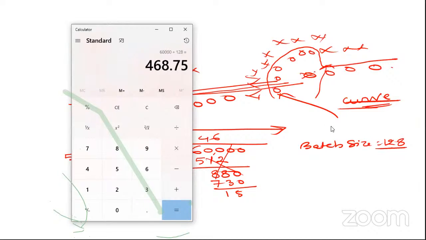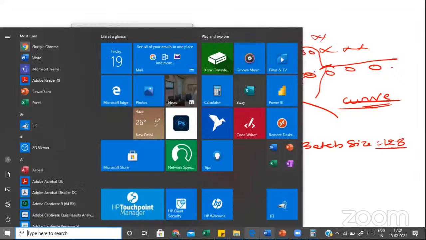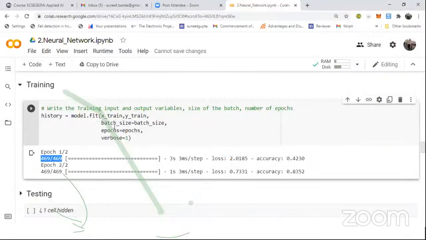That means in our case 469 batches are there. One epoch will complete when all the batches pass into the model, and there is a change in the weights and biases.